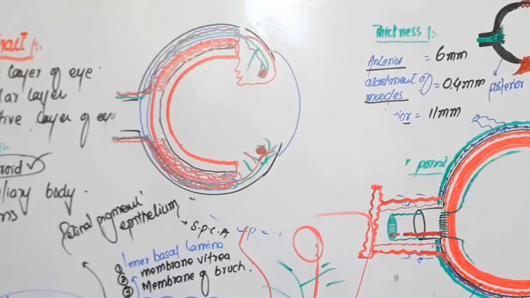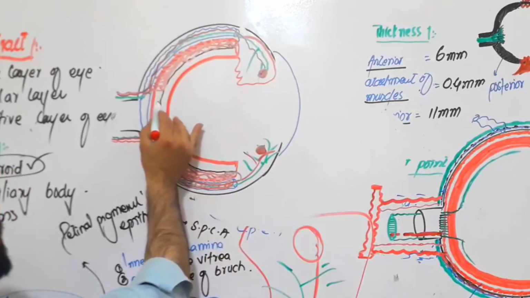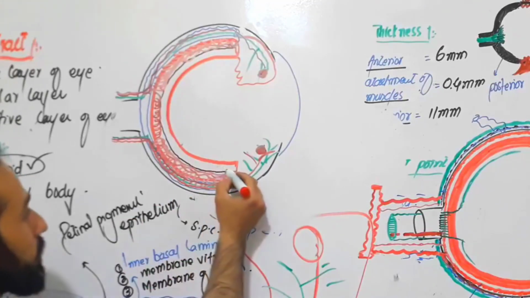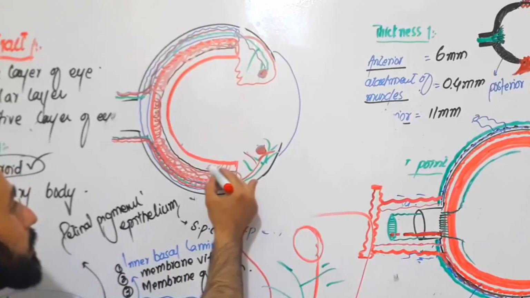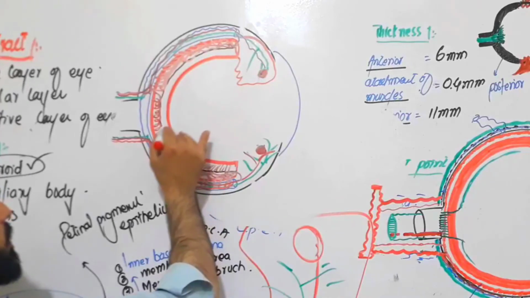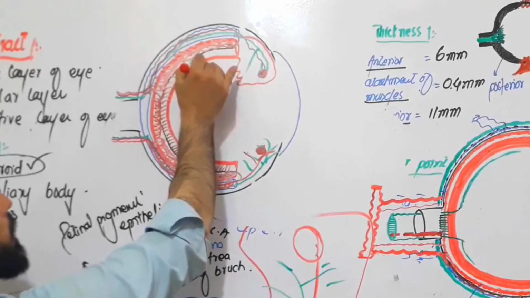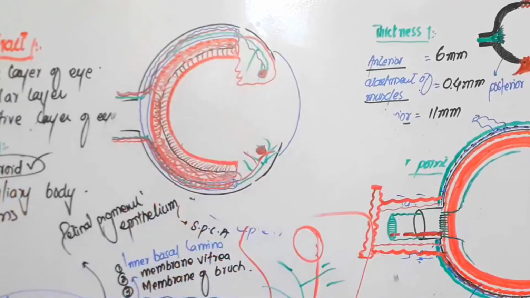Done. Then these vascular branches give some capillaries towards the inner parts of your choroidal layer. So this layer is called the choriocapillaries. Choriocapillaries, right.